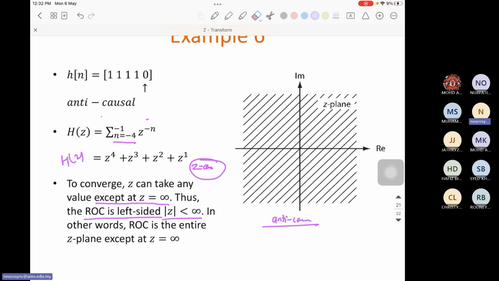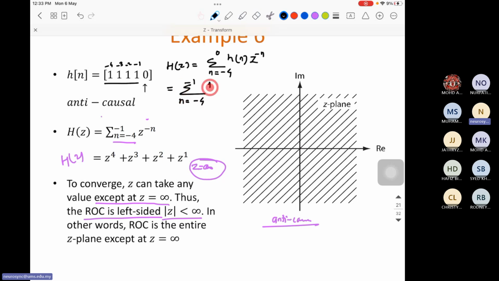So if I want to find the z transform for this, H of z is the summation from n equal to -4 to 0, correct? H of n, z to the power minus n. Now in the sequence from -1, -2, -3, -4, the summation is from n equal to -4 to -1.